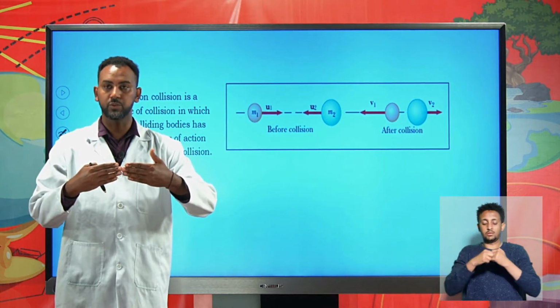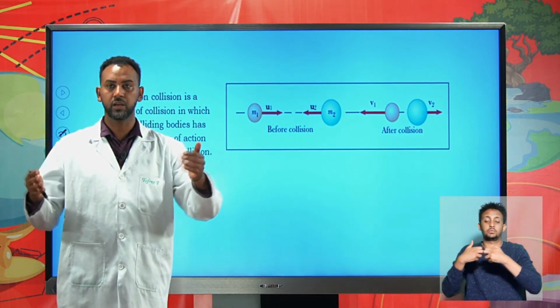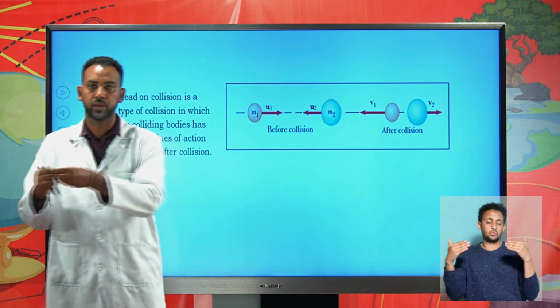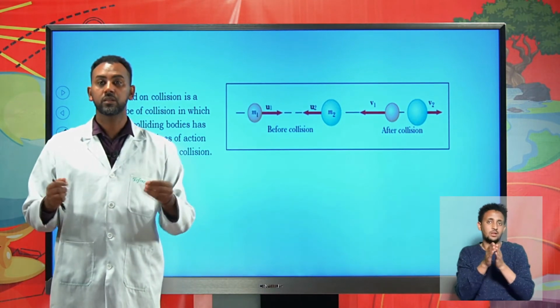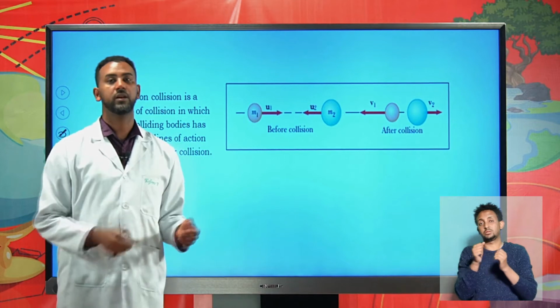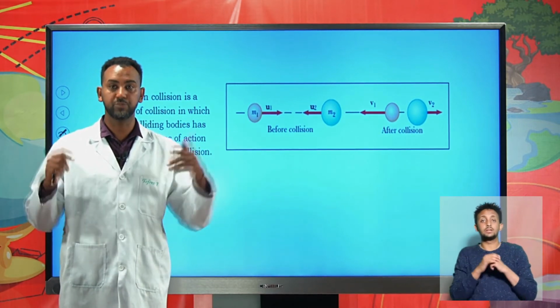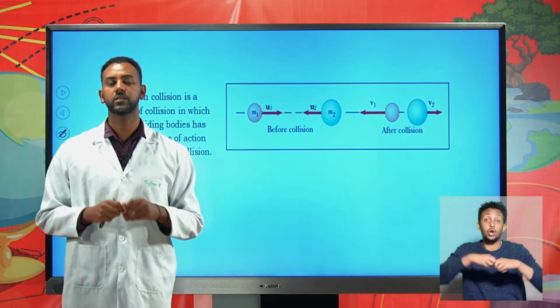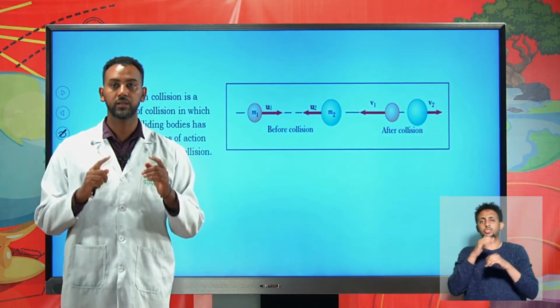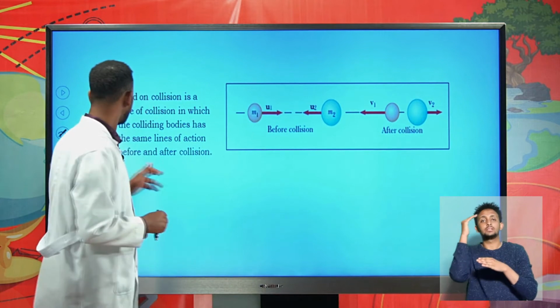They might move oppositely, or they might stick together and move together in one direction, or they might move together in the other direction. So the lines of action remain. If the lines of action remain before and after collision, such a type of collision is known to be head-on collision.